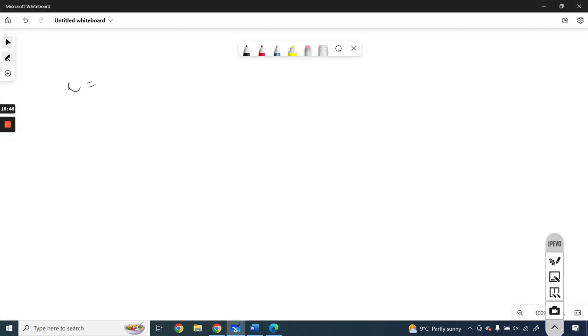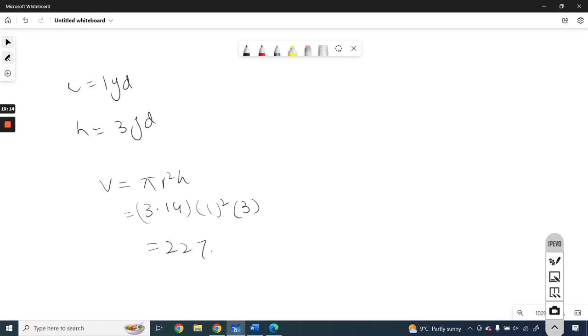So pi is 3.14, r is 1 and h is 3. Just use the formula to calculate the value. So it would be 3 times 3.14, that would be 227.03.